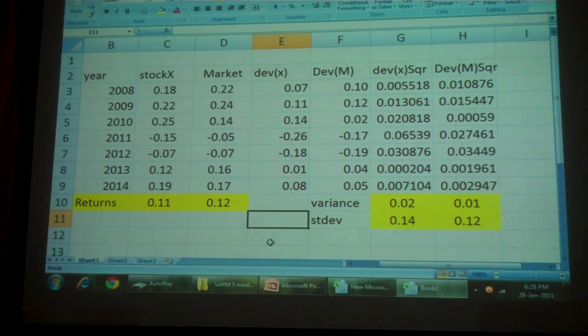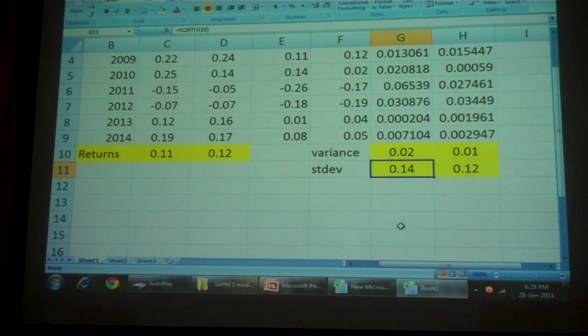Okay, any question till now? So if someone asks you, what are the returns and risk of stock X? 11% returns with risk of 14%. What does it mean? Standard deviation means it can be on both sides, positive and negative.